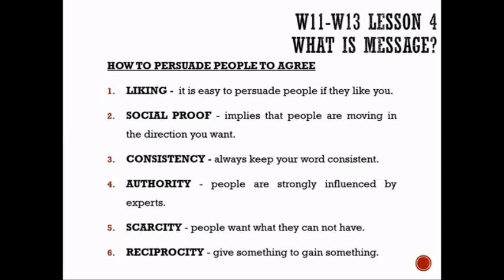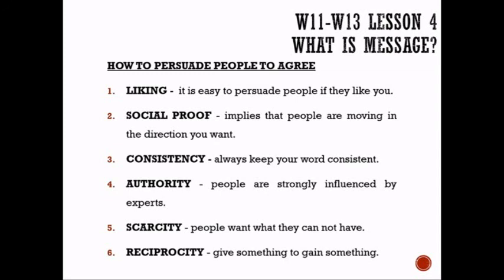But people would generally like you if you have a good image, if you have a good reputation. So liking someone has a certain level of trust to it. They have that trust in you. So it's relatively easier to persuade someone if they like you.